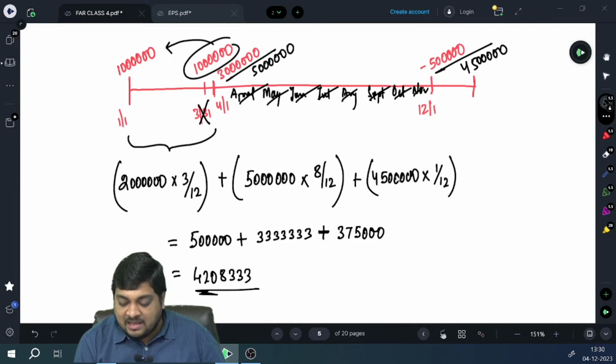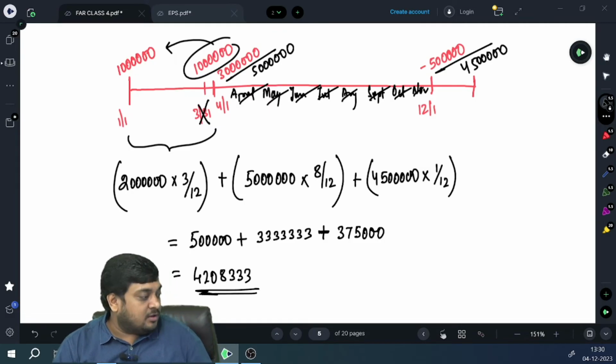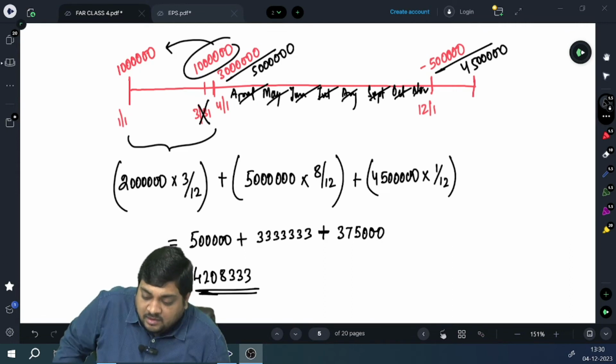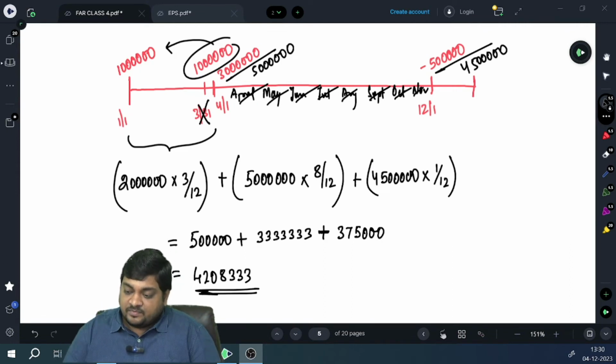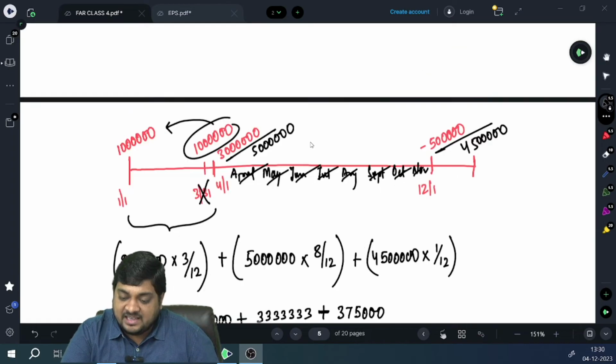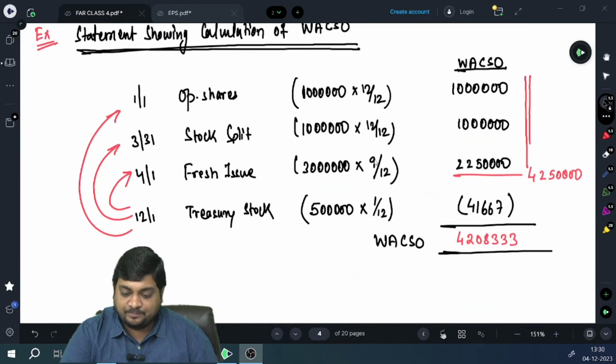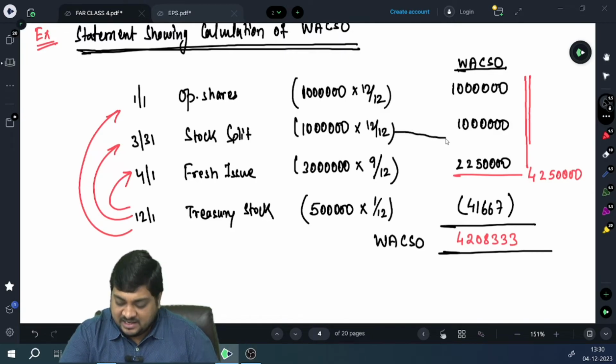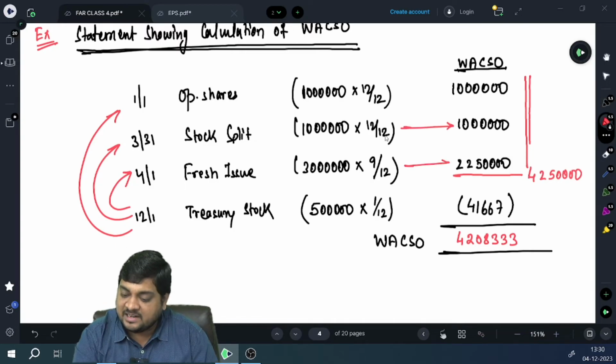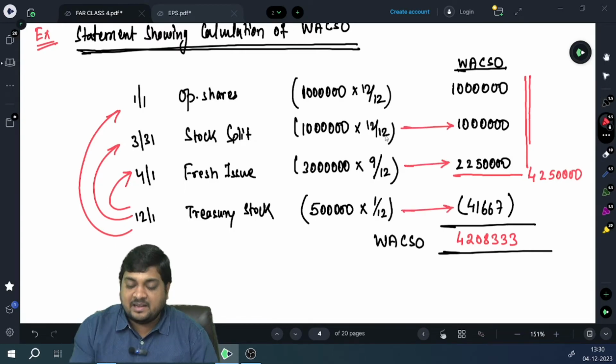You get the same answer, right? You will get the same answer, no need to worry about that, but the ways of doing things are different. Out here, every activity is being considered separately, and time weighted is done separately.